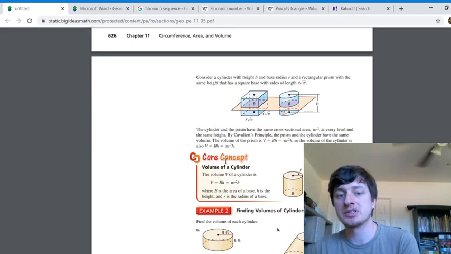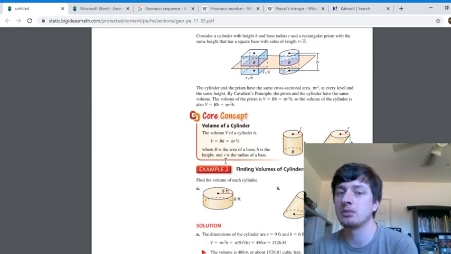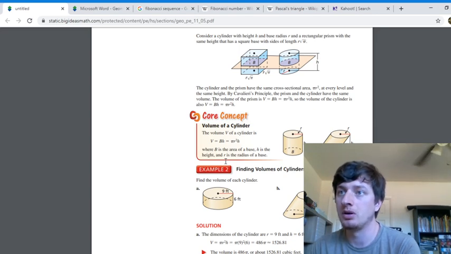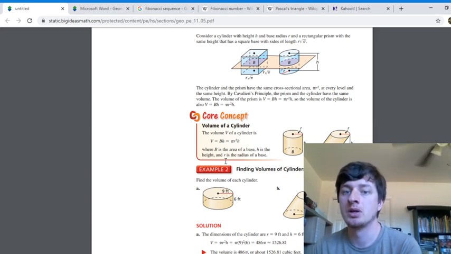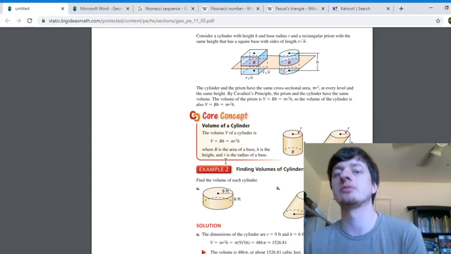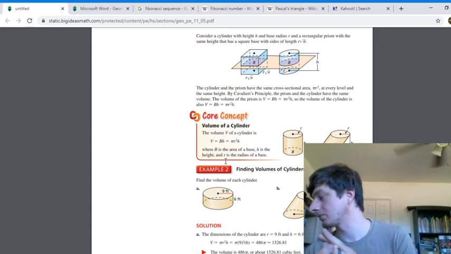Okay? The volume of the cylinder works exactly the same as the volume of a prism. It's just except the base here now is going to be circular instead of a square or a triangle or a rectangle. Okay?